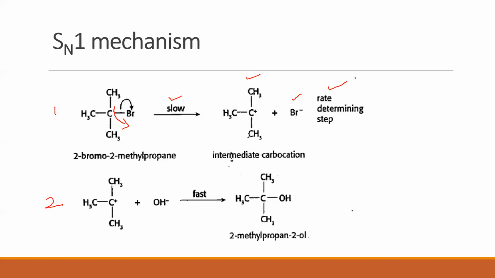As the name itself indicates, this step determines the rate of the reaction, or how fast or how slow the entire mechanism is depends on that particular step which is slow. Hence, this step is called what? Rate determining step.